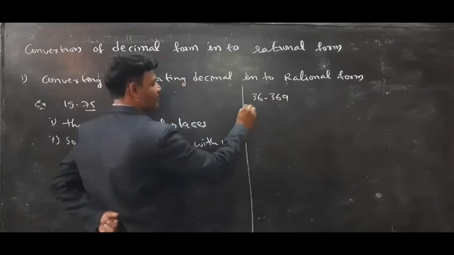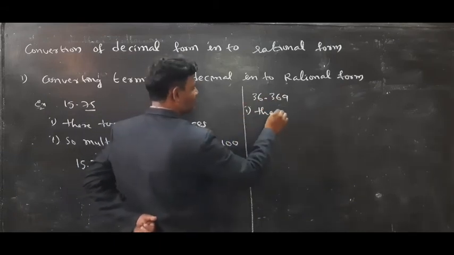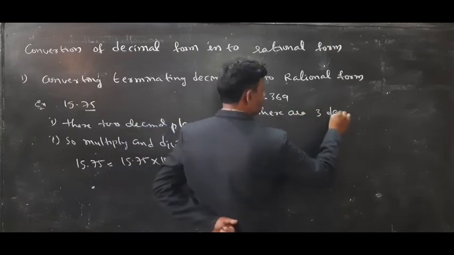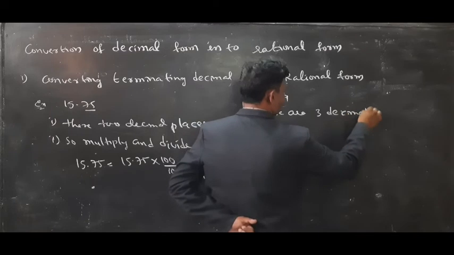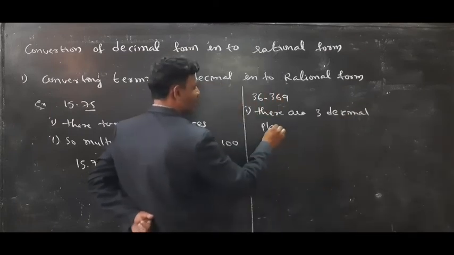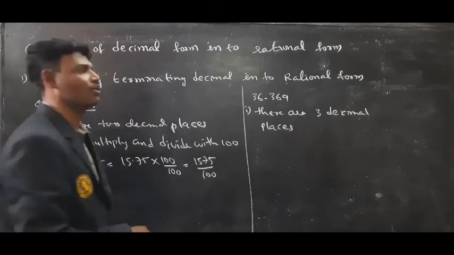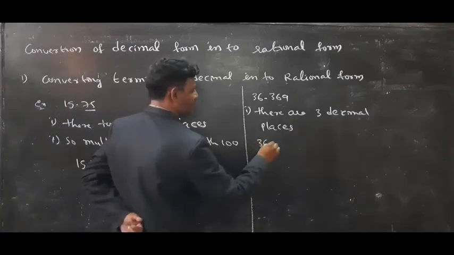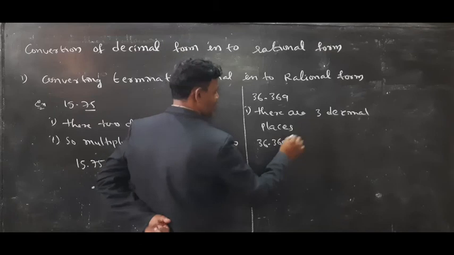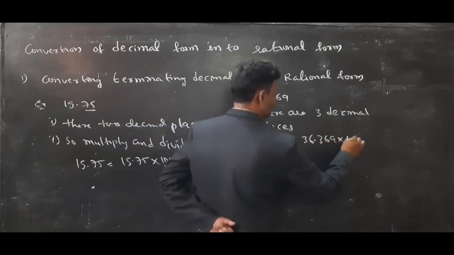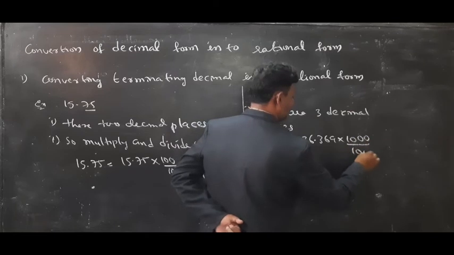For example, next, 36.369. There are three decimal places. So multiply and divide with 1000. 36.369 is equal to 36.369 into 1000 by 1000.